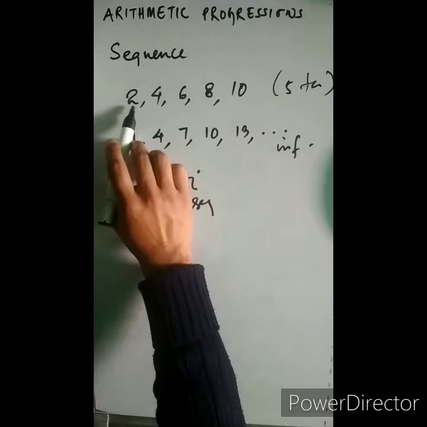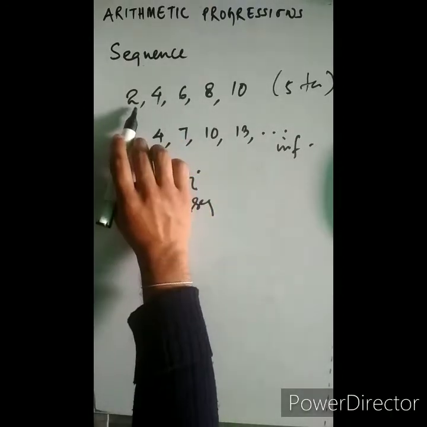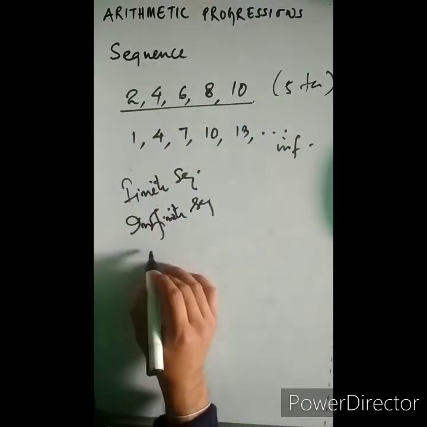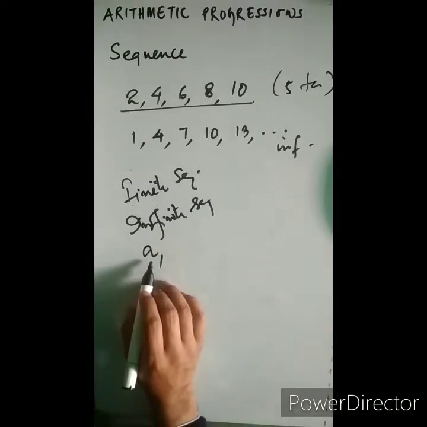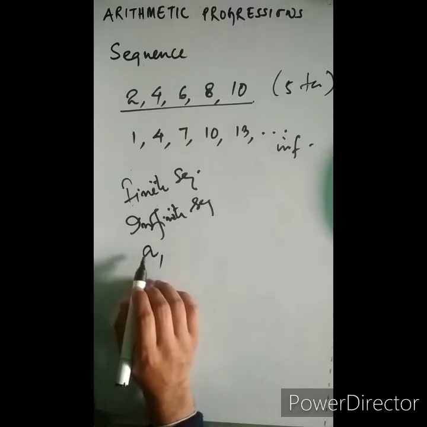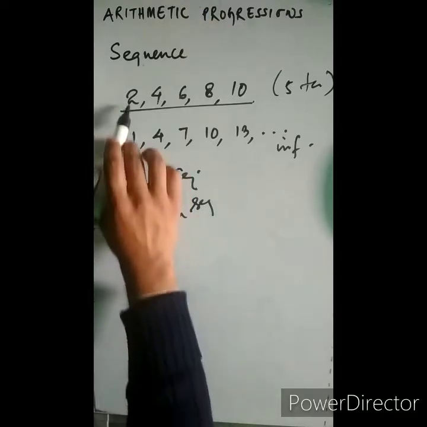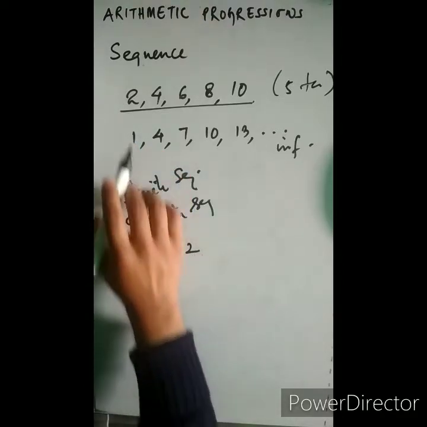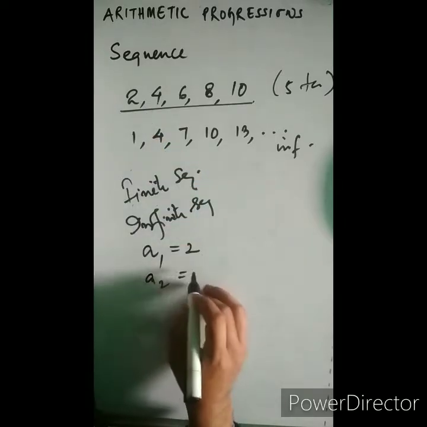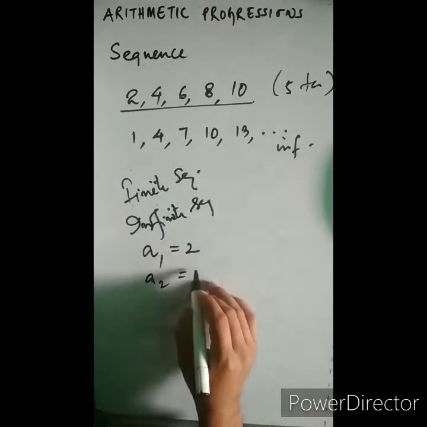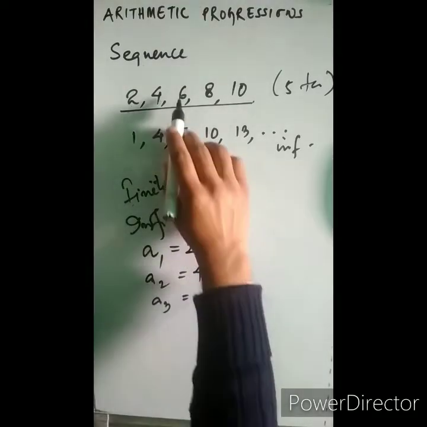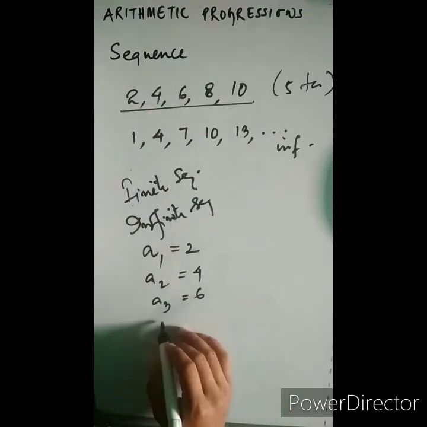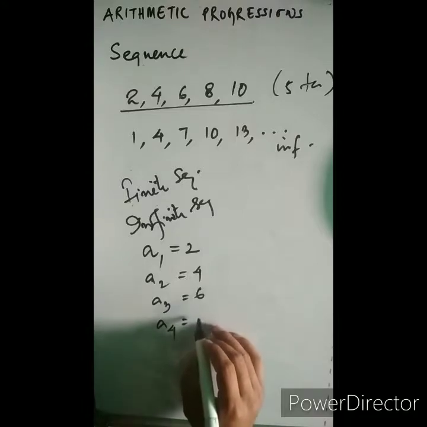Terms are normally represented by A. If I say A1, it will be representing the first one. A1 here is 2. If I say A2, it means the second term, so here it is 4. If I say A3, it means the third term, that is 6. Similarly, I can write A4 is 8.